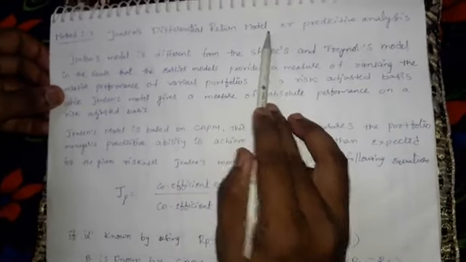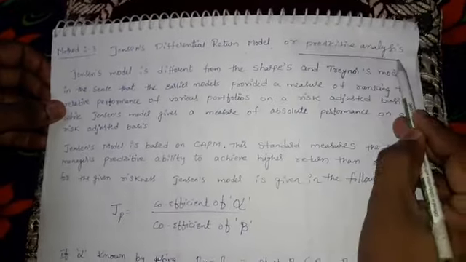So now coming to the last method, that is Jensen's differential return model or predictive analysis, right?